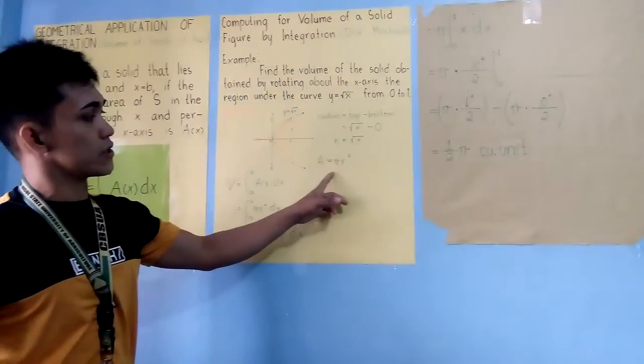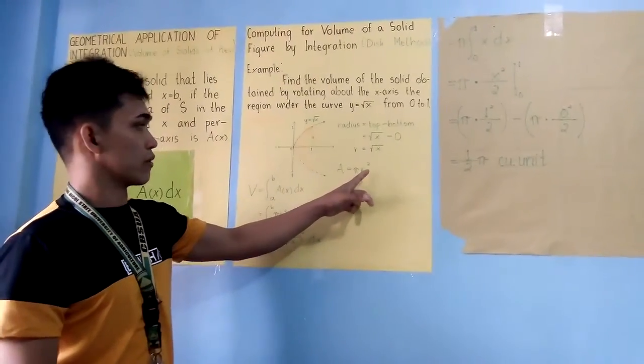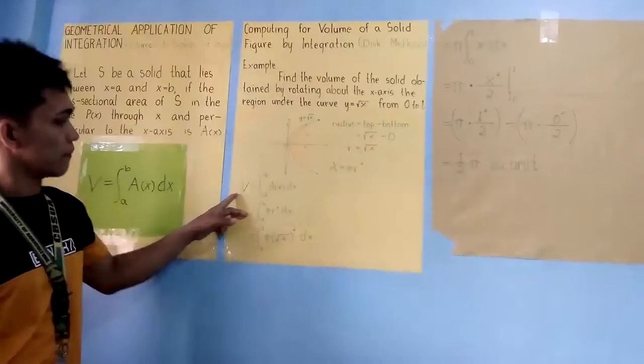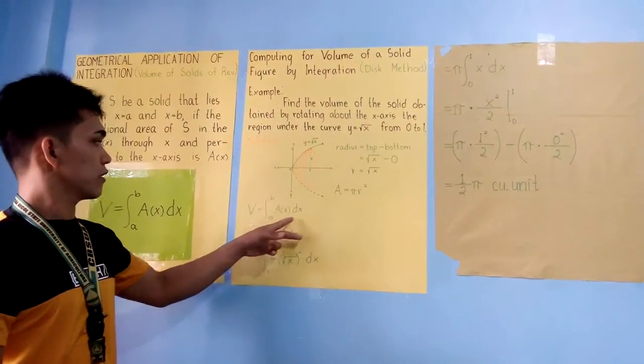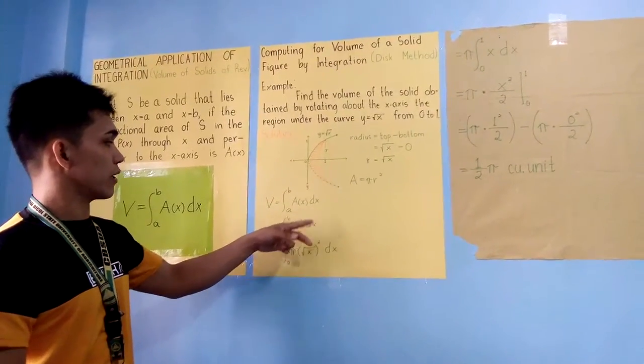In finding the area of a circle, area is equal to pi times r squared, or the square of the radius. Then the volume will become the integration of A of x dx from a to b, where A of x is the area of a circle.